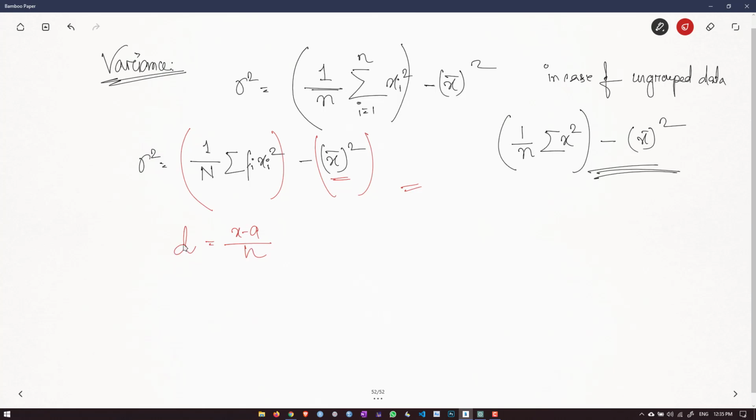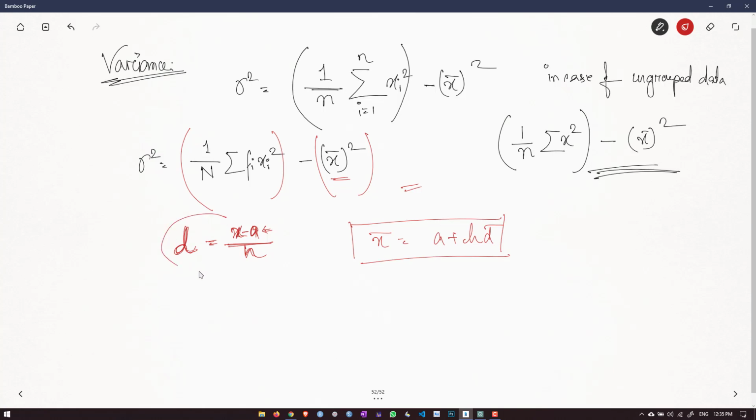In the case of arithmetic mean, we used to reduce the calculation using this approach, where we make a new data set d using the formula x minus a by h, where a and h are some constants. A is commonly taken as the middlemost value of x, right? And ultimately we found out that x bar is equal to a plus h times d bar. This was the formula for arithmetic mean, right?